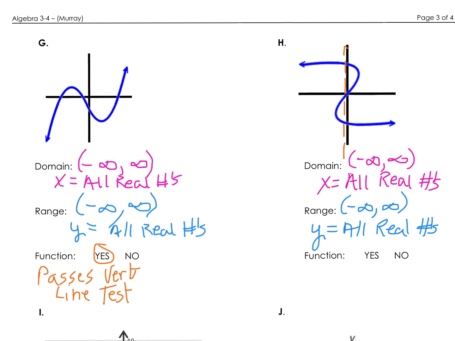And you can see that it is touching this line once, twice, three different times. So if it touches it more than once, then it is not a function. So that's no. And the reason being it does not pass the vertical line test.